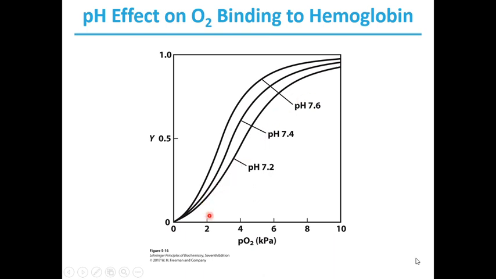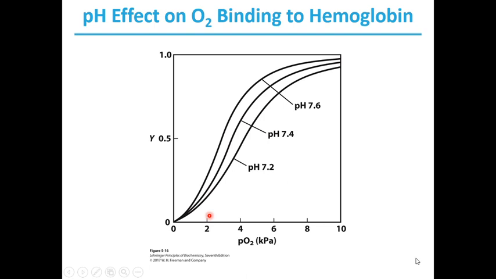So this explains how, when the concentration of oxygen increases in the lungs, hemoglobin binds oxygen and releases protons. But when the concentration is low, as in peripheral tissues, protons are bound and oxygen is released.